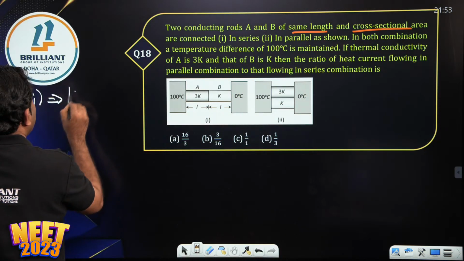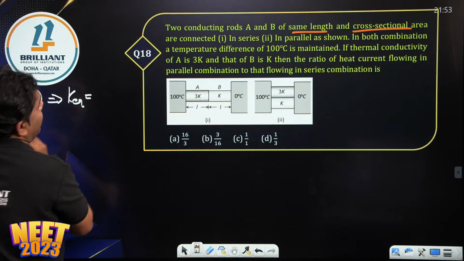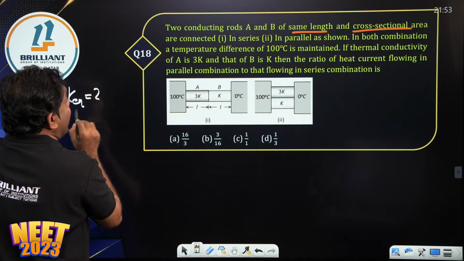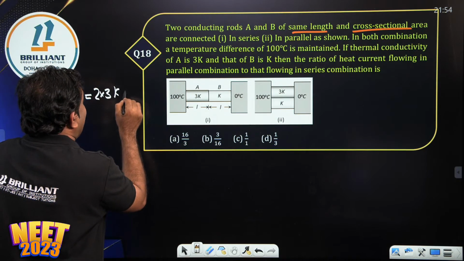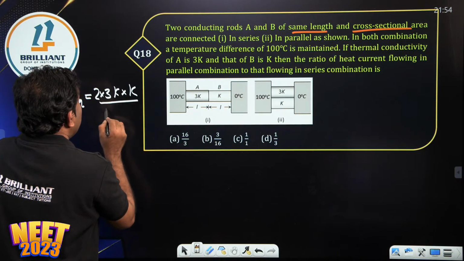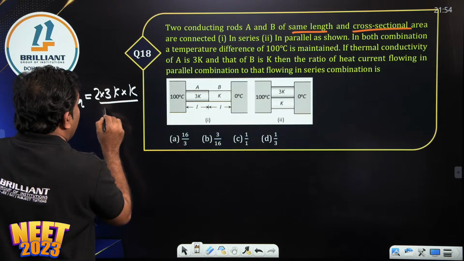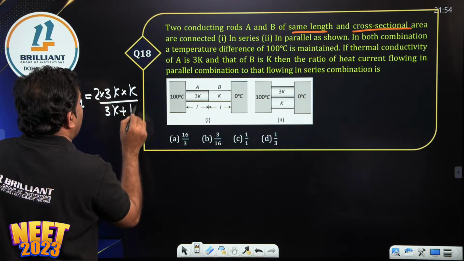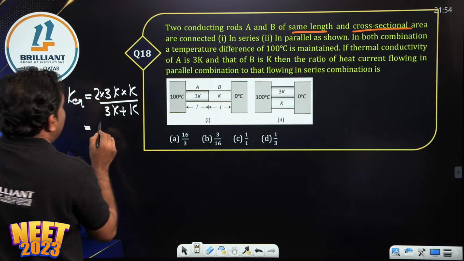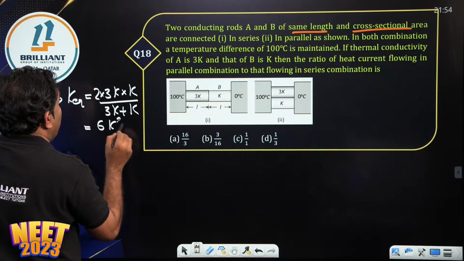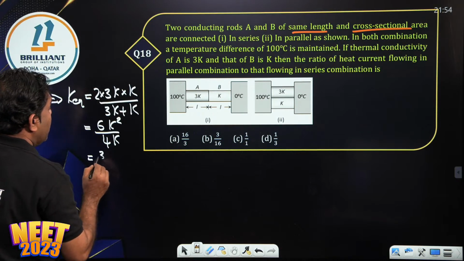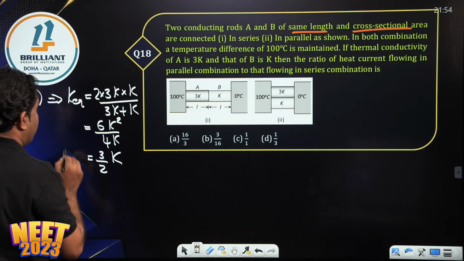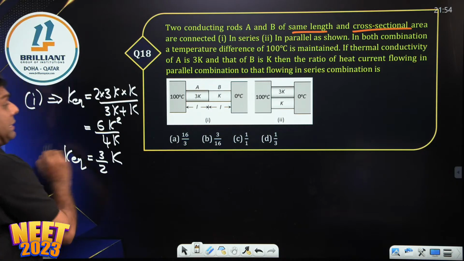With K1 as 3K and K2 as K, we get 2 into 3K into K divided by 3K plus K, that is 6K square divided by 4K, which equals 3 by 2 K. That is K equivalent in the first case.